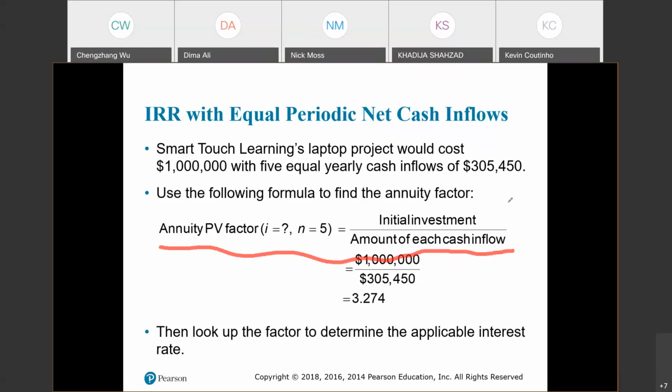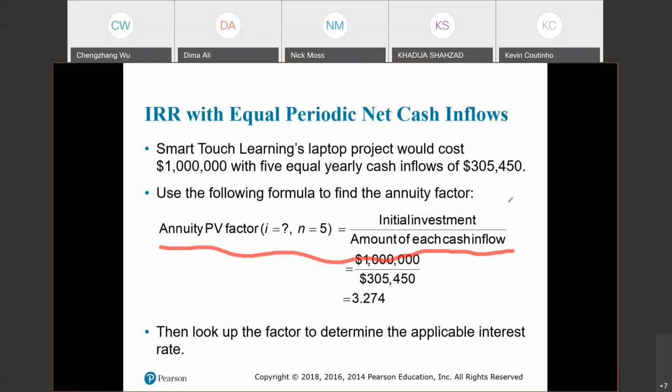Step 3. We need to rearrange the equation and solve for the annuity present value factor. And in this case, we know this factor is 3.274.